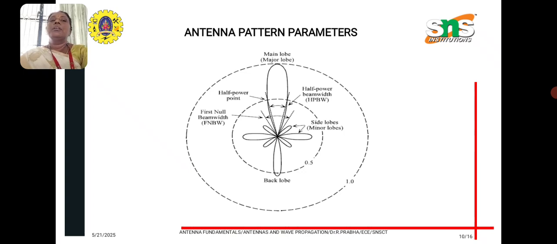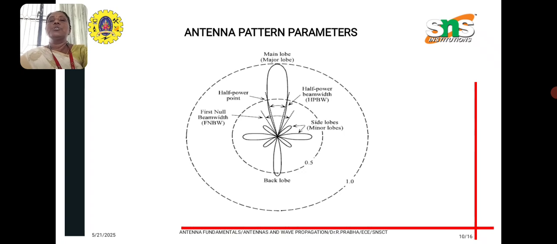An important parameter in the antenna radiation pattern is the half power beam width, which is the angular width between two half power points. The half power point is the point where the radiated power is one half, so it is called half power.